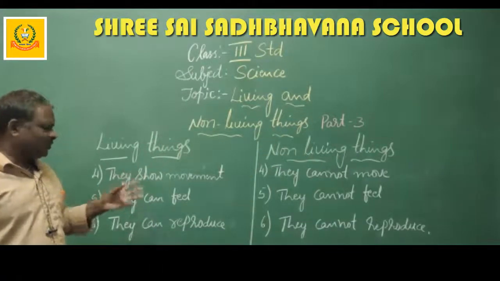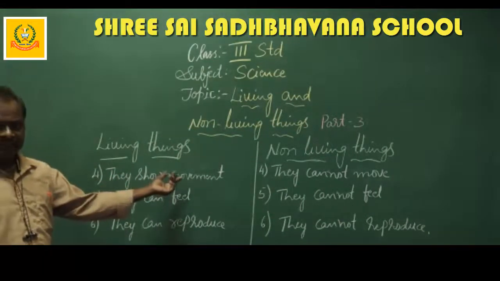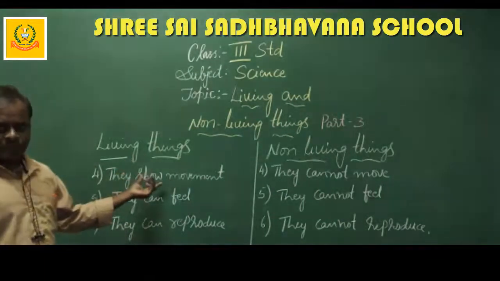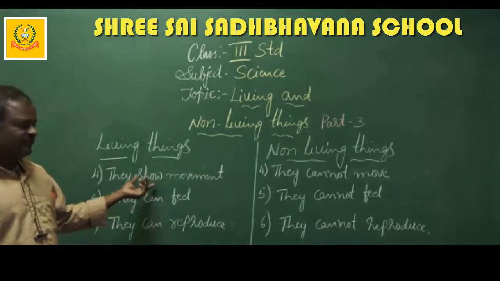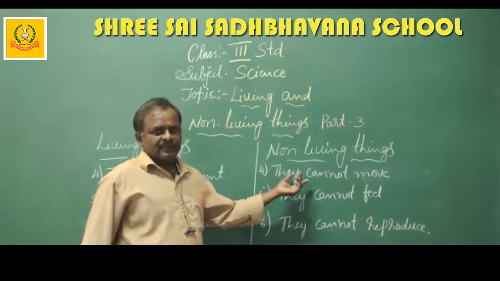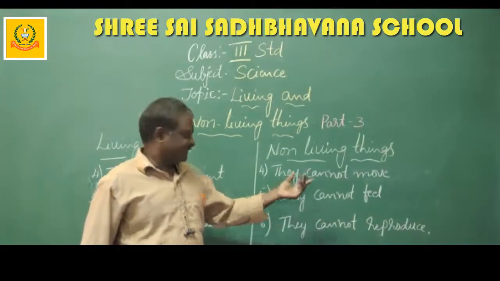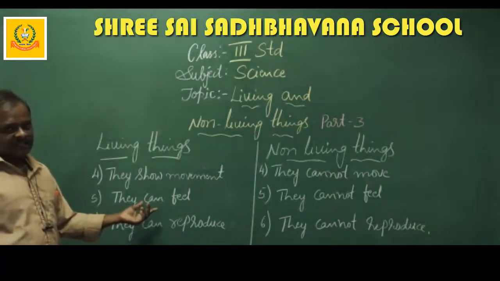So next, fourth point. What are the differences? They show movement. Which show movement? Living things move from one place to another place. Non-living things cannot move from one place to another place. Next, they can feel by sense organs.